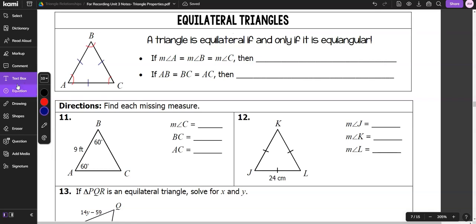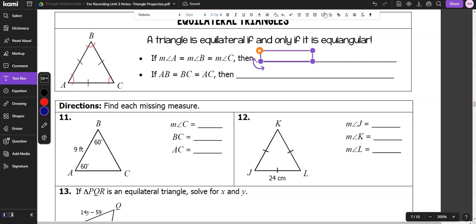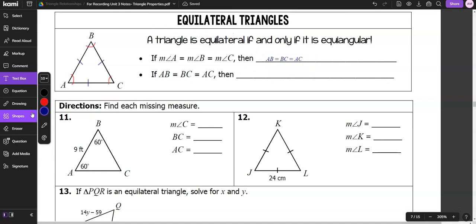So mathematically what they're saying here is that if the measure of angle A equals the measure of angle B, which equals the measure of angle C, then mathematically AB equals BC equals AC. And then conversely, the same is true. So if all three sides are congruent, then the measures of each angle are also congruent.